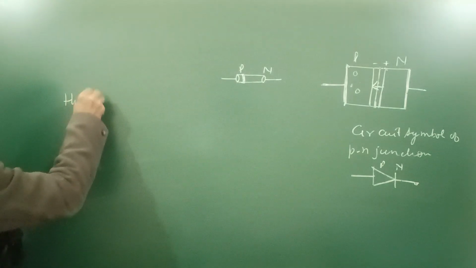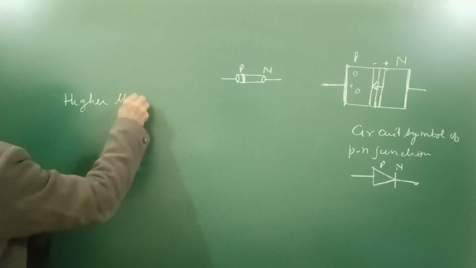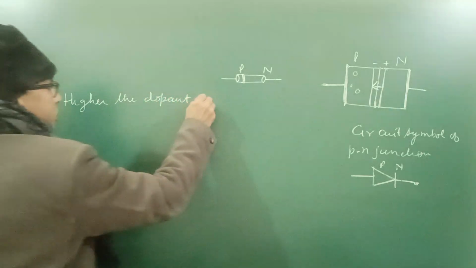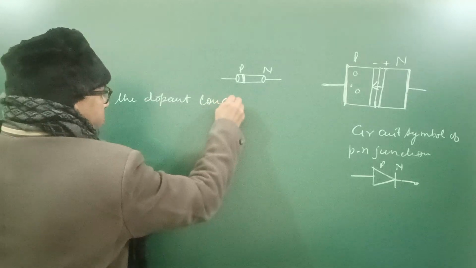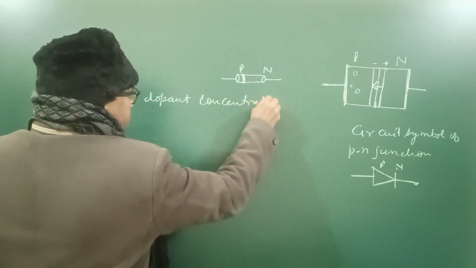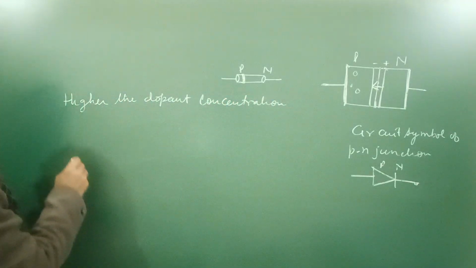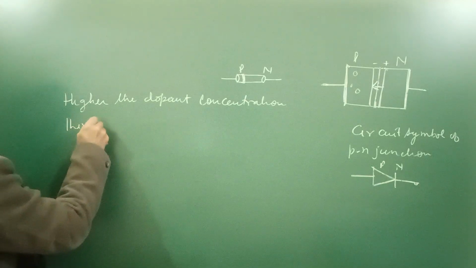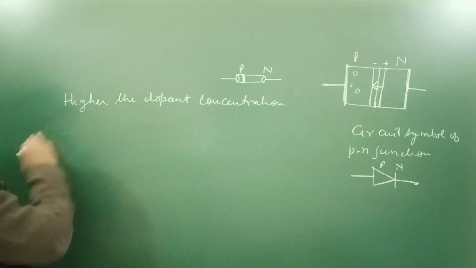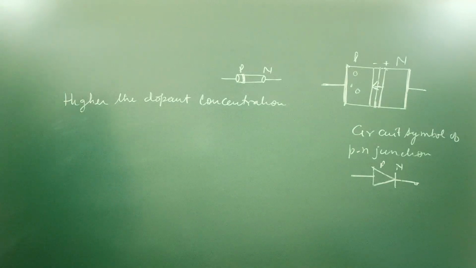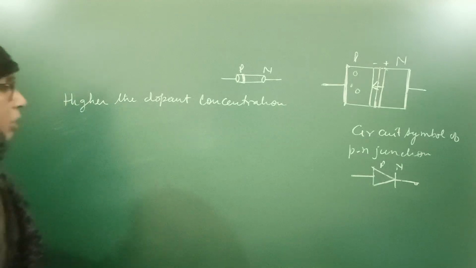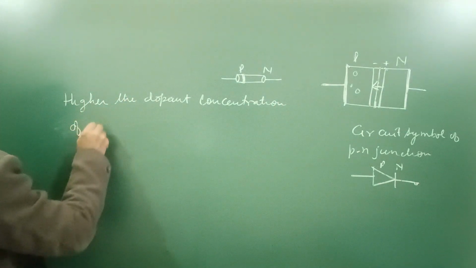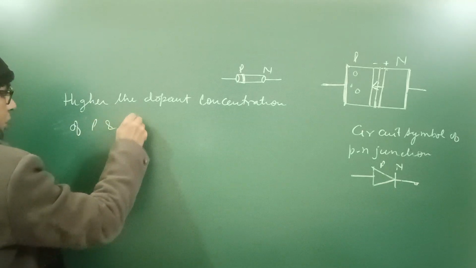The higher the dopant concentration of the P and N regions, the thinner it is.